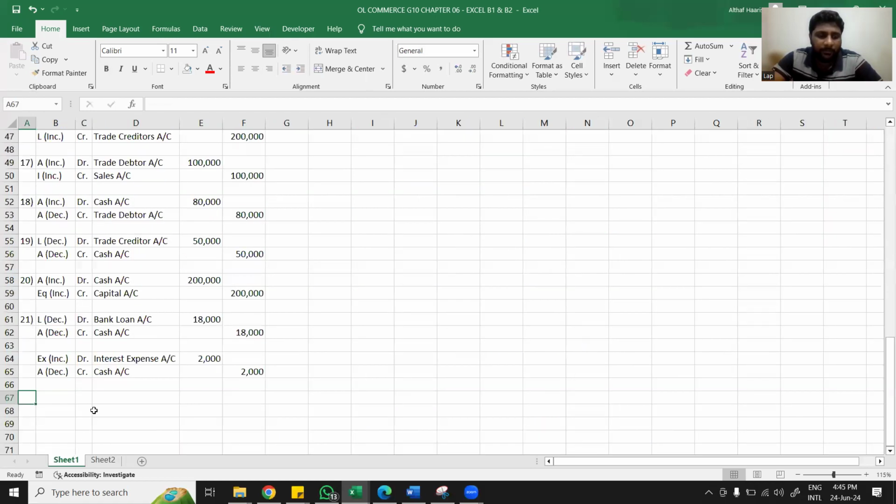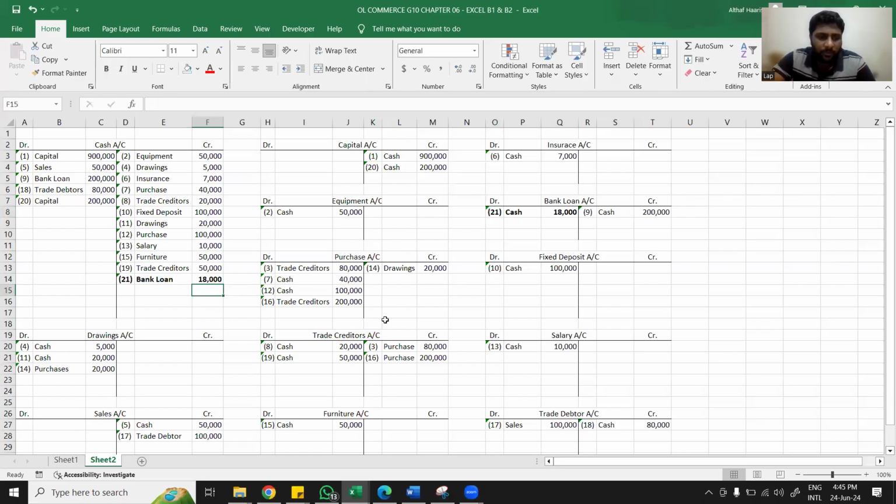And the second one: debit interest expense, credit cash, 2,000.